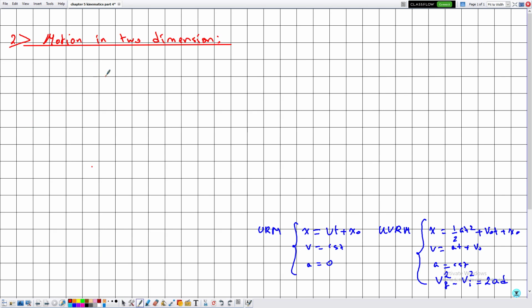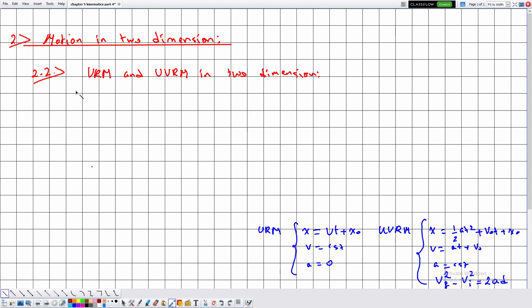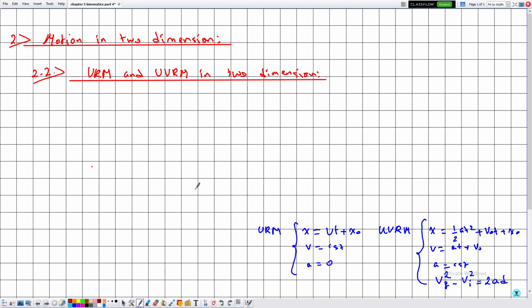So now let me start subsection 2.2, which is URM and UVRM in 2 dimensions.